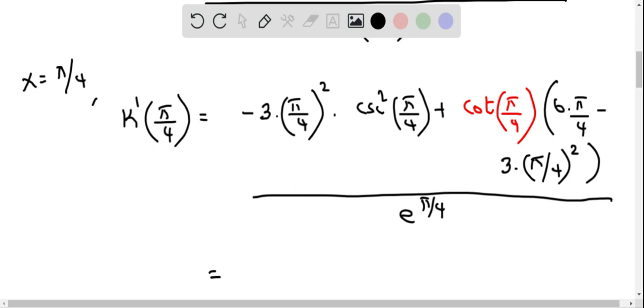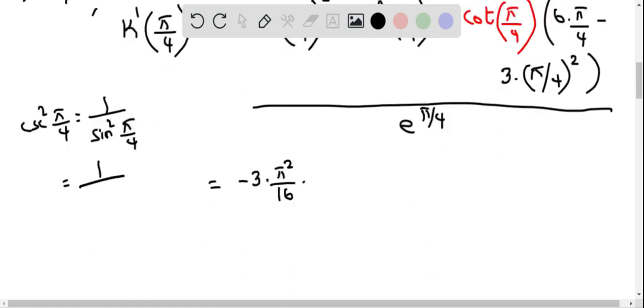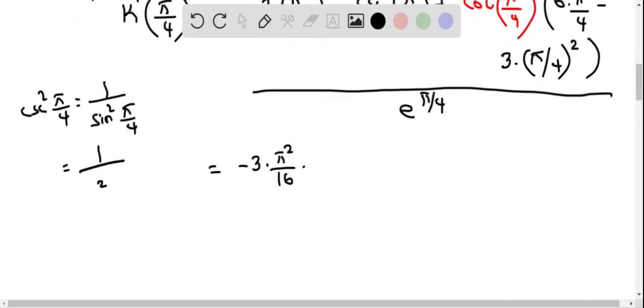Let's simplify this. So this equals negative 3 times pi by 4 quantity squared, which is pi squared over 16, and then cosecant squared pi by 4. This can be written as 1 over sine squared pi by 4. We know the value of sine pi by 4, which is root 2 over 2.